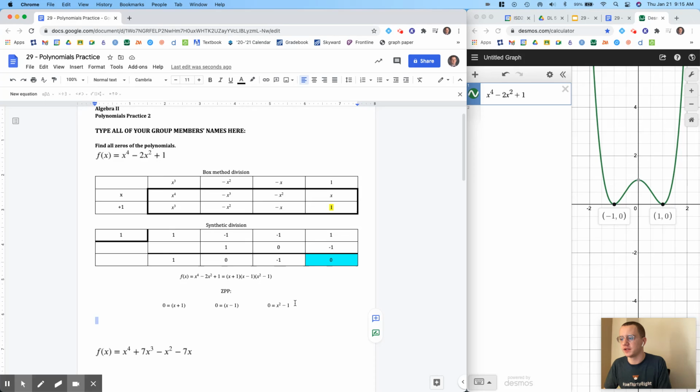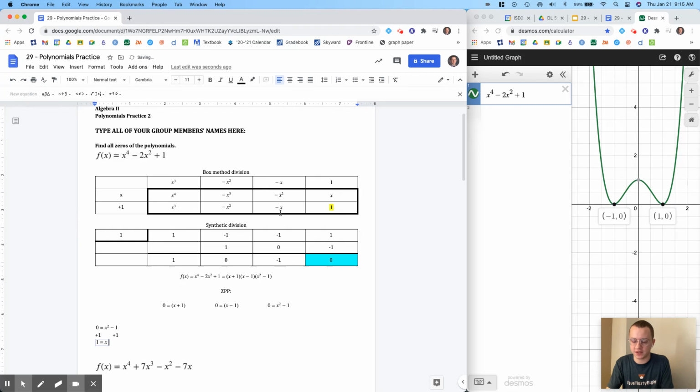So let's just take this one and copy paste it down here. So what do we get? Well, we can rewrite it as if we add 1 to both sides, we'll get 1 equals x squared. So then x squared is, or x is equal to plus or minus.